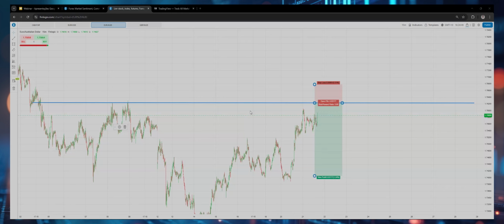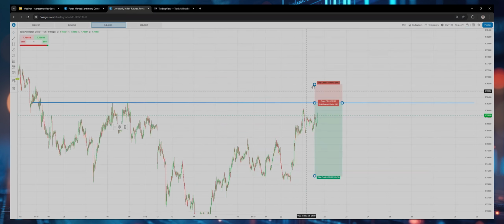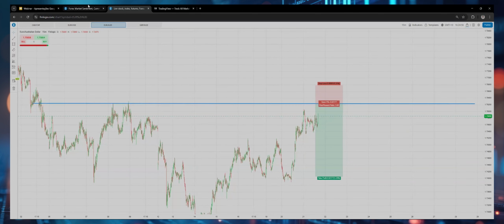Yeah, the Finlogix, correct. So no, it doesn't change. It's always 50 minutes. It doesn't matter if you look here at 50 minutes and then enter the market on a daily, it won't change anything. Not a problem. Okay, cool. So that's the second one.